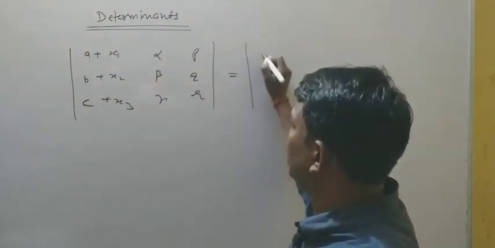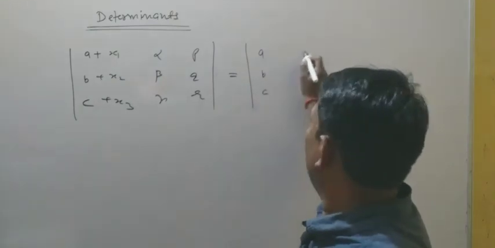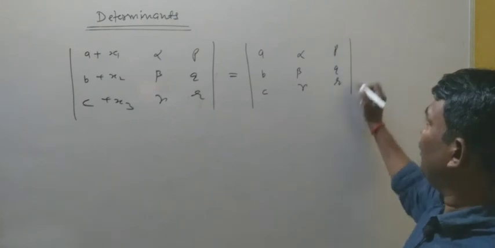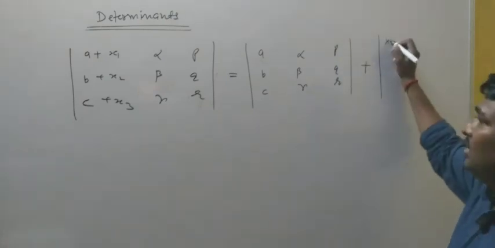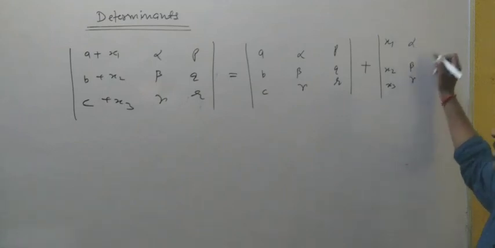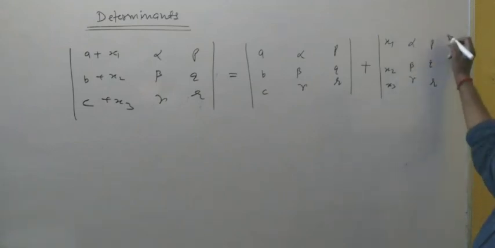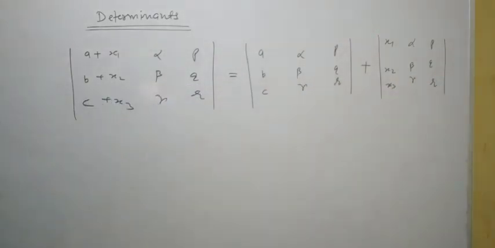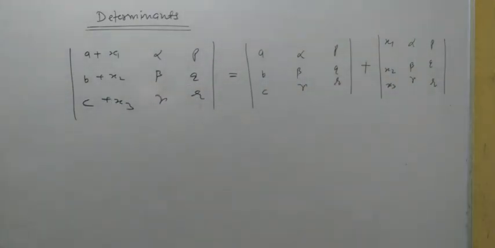So we can write it as the determinant a b c, alpha beta gamma, p q r plus the next one x1, x2, x3, alpha beta gamma and p q r. So this is also a very important property.